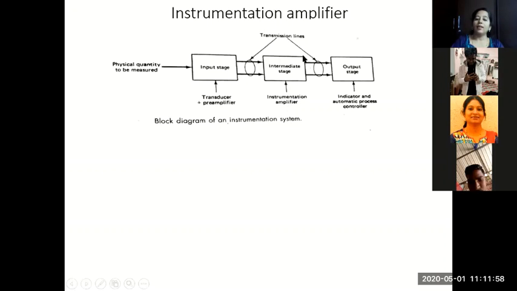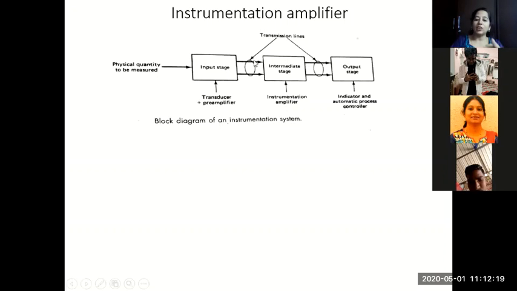And here we are going to give a high amount of amplification and we will minimize the noise. So the main advantage of an instrumentation amplifier is its very large voltage gain and very low noise. Noise in the sense CMRR.